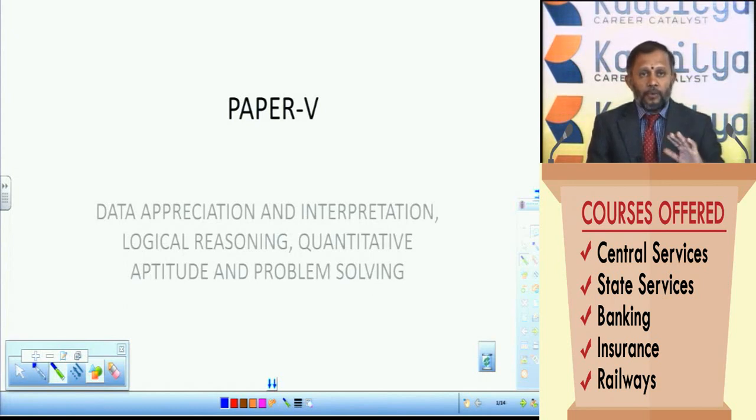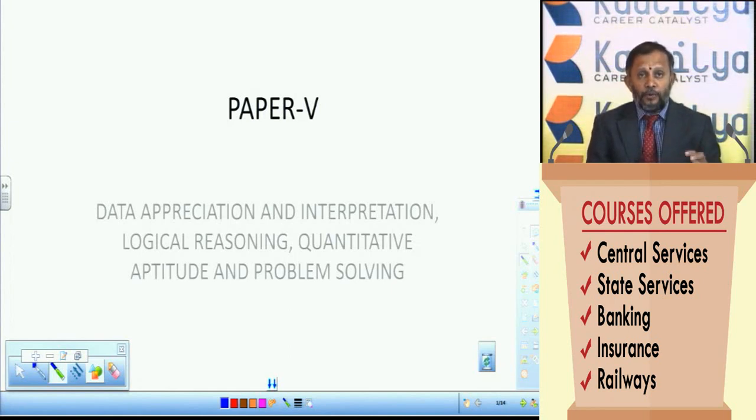Quantitative aptitude topics like percentage, profit and loss, ratios, average, time and distance, time and work, simple interest, compound interest come under the category of quantitative aptitude. And then the reasoning part, and then questions basing on data. Data may be in the form of graph, tabular form or pie diagram.